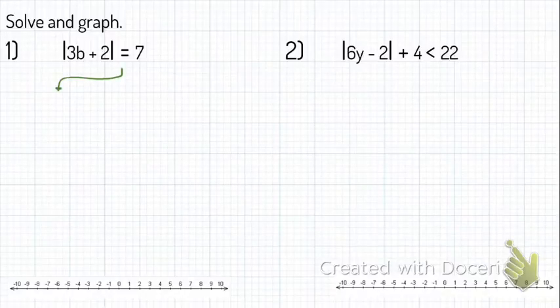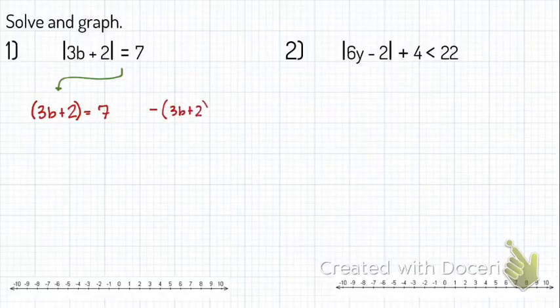I'm going to take the original equation and rewrite it, change the absolute value to a parenthesis and make it positive, and then take one more equation and make it negative. Okay? So I have a positive and a negative equation here.